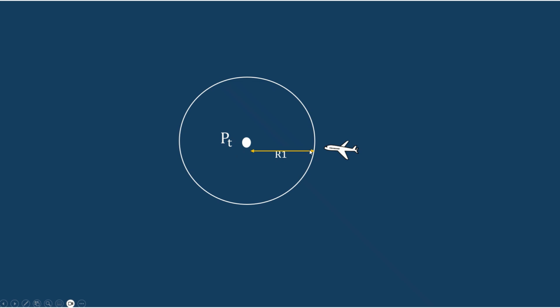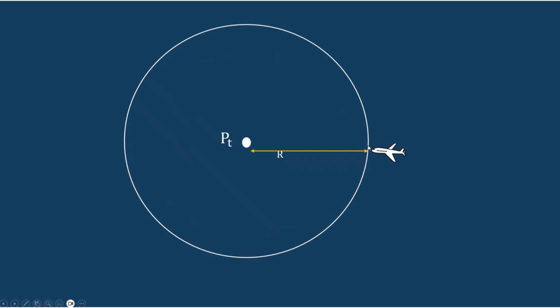If you want to calculate the power hitting the target, the distance from the isotropic radiator to the target is R1. This distance affects the power received at the target. As the distance increases, the power hitting the target decreases. As it is a sphere, the power incident on the target can be easily calculated based on the power density.